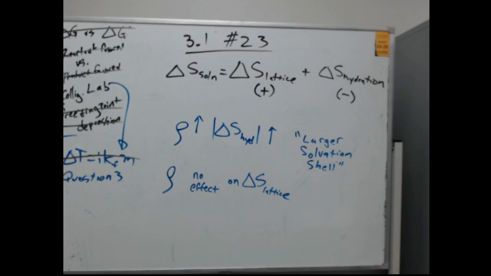So if we want the most likely positive value of delta S, we want this delta S of hydration to be as small as possible, which means we want the smallest charge density possible. So if we want a small charge density, we want something that's got very low charge and something that's got very big size.